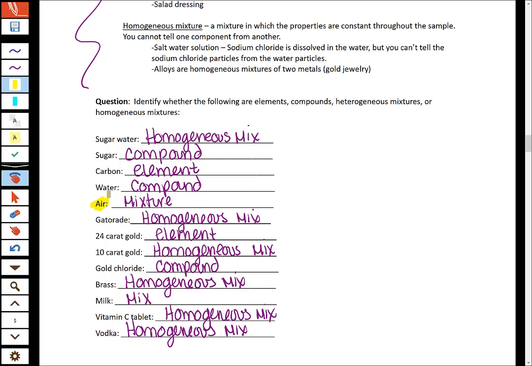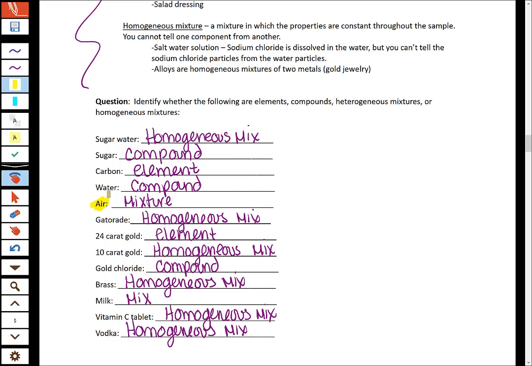So if you're imagining the room that you're in right now, you could argue that air is a homogeneous mixture because the room probably has the same composition throughout it. Now, someone else could argue that right next to your mouth where you're exhaling, there's going to be a greater amount of carbon dioxide. And so in actuality, maybe it is a heterogeneous mixture in that room.